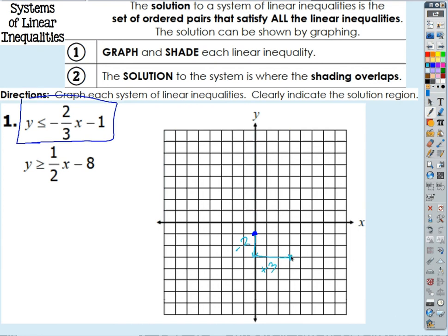So there's my boundary line, right? And now, solid or dashed? Solid, because we're including the equal sign. So there's my boundary line. Am I shading above or below? Shading below, good. Below because we've got y is less than or equal to mx plus b, the boundary line, right? So we'll shade below.